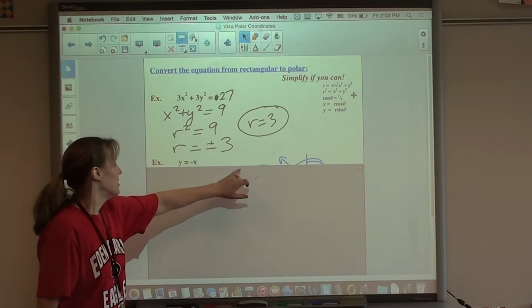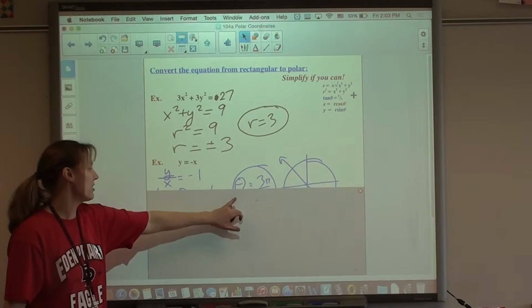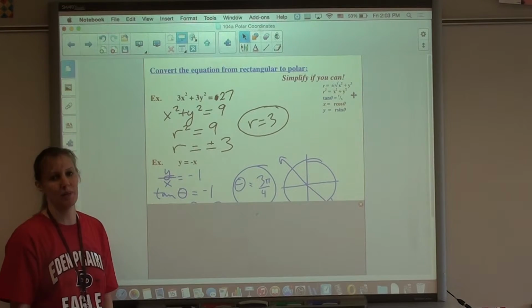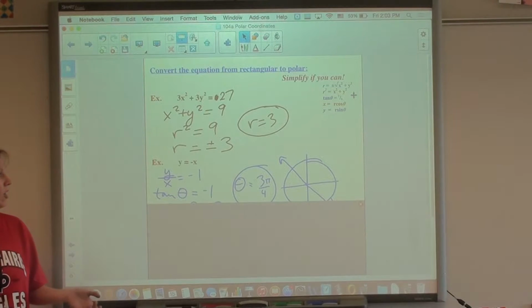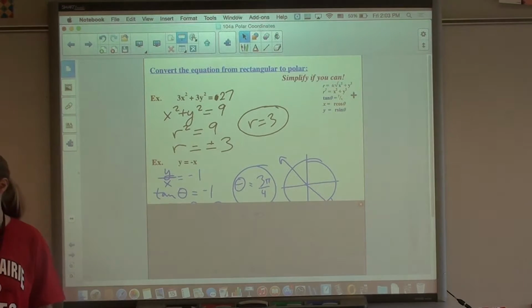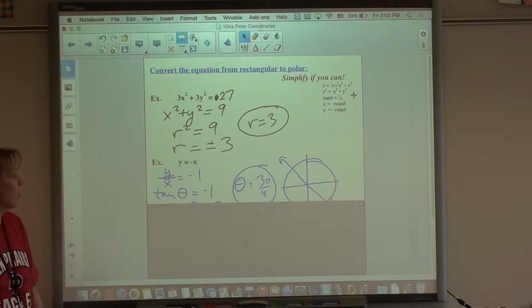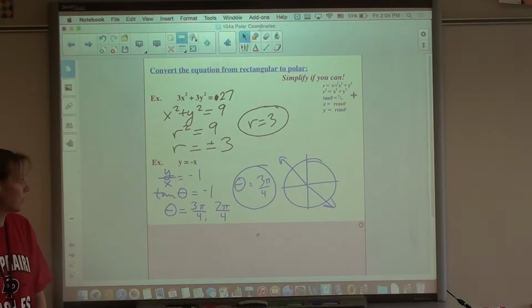Okay, so this one, I just said, hey, y over x is -1, and I know y over x is the same thing as tan theta, right? Now, you could certainly do an r sine theta and r cosine theta, and you get the same thing, right? So, however you want to do it, you really should solve for theta.